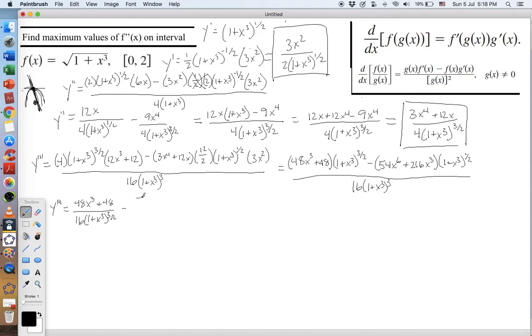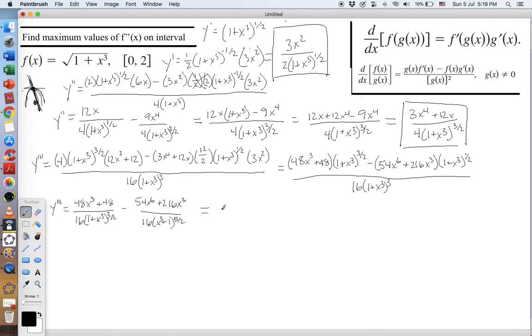Subtract from that 54x to the 6th plus 216x cubed all over 16 times x cubed plus 1. We've got commutative property of addition there, so it doesn't really matter which way we phrase that. Raised to the power of 5 halves.